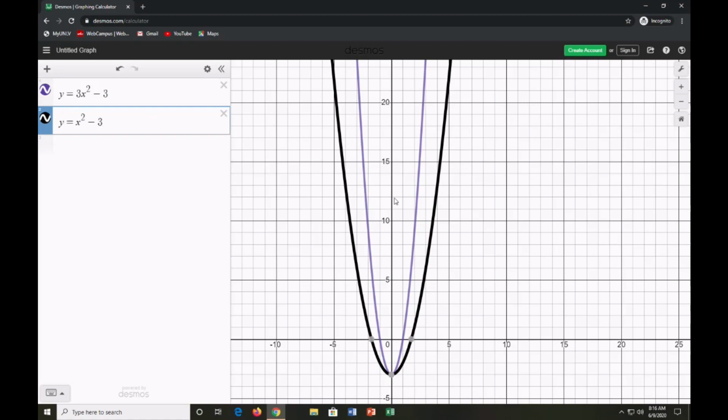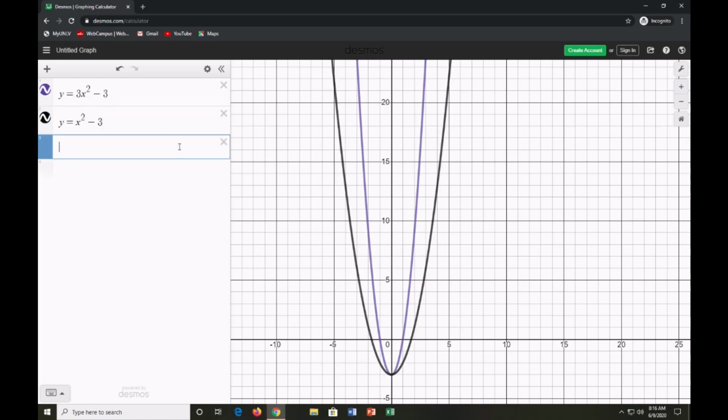See, the purple one, which is the one we were going over on the worksheet, see how much more stretched it is, right? It's narrower, it's stretched towards the y-axis. It's all because of this 3 in front of the quadratic term.